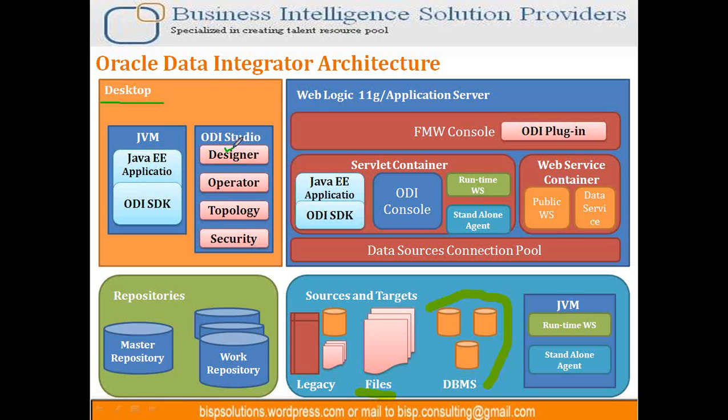The model is the data model we use for performing the mapping of different data tables from different technologies. We use the designer navigator to create interfaces. In an interface, we map two tables and perform the transformation through this tool. Other than that, we have operator, topology, and security. I'll tell you about them one by one in a future slide.